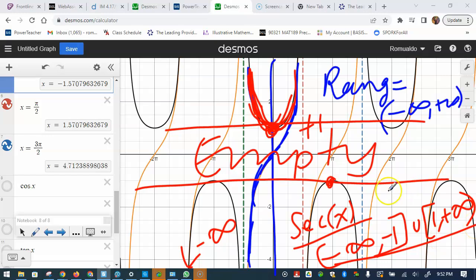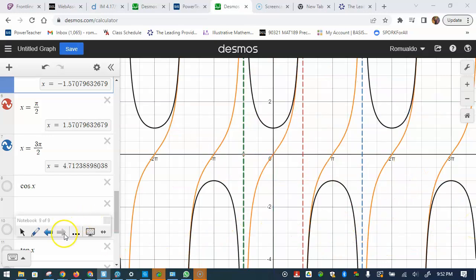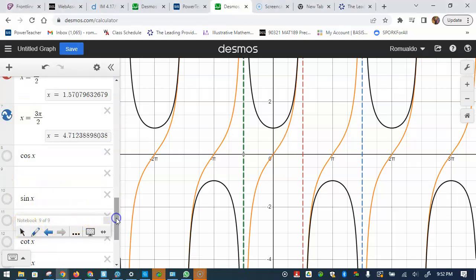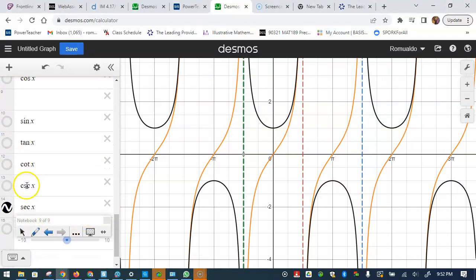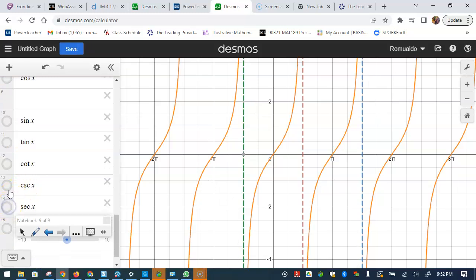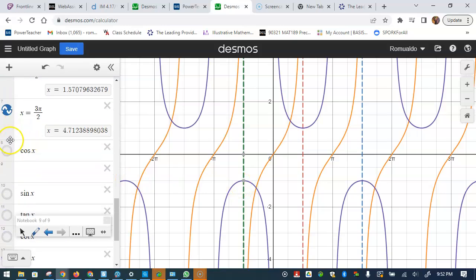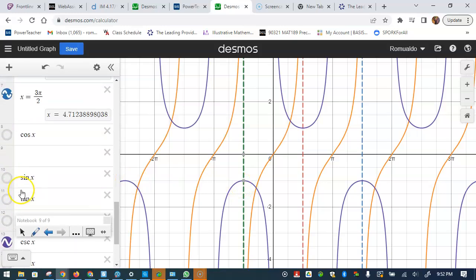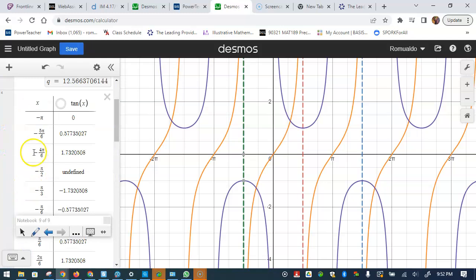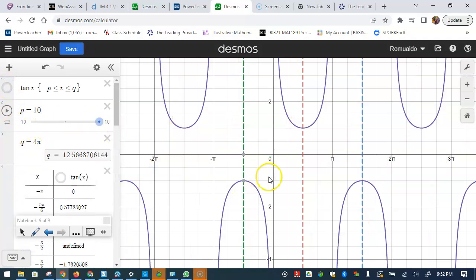Not only this, even if you check for the cosecant, let me take this secant off and make cosecant. Now see, it's cosecant also. Let me take the tangent off here and see the secant.